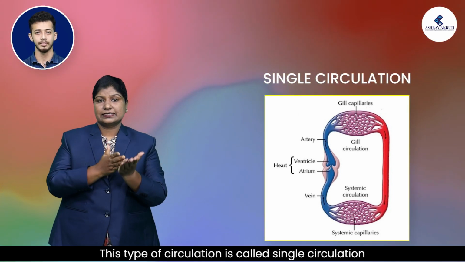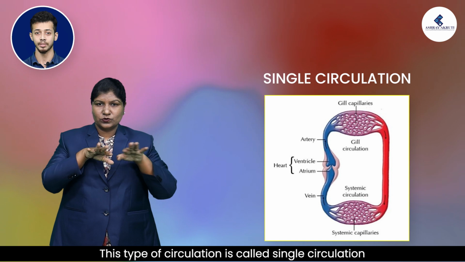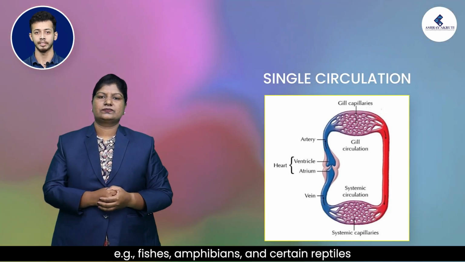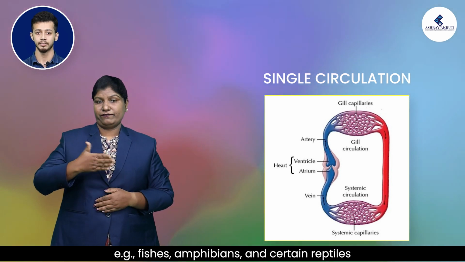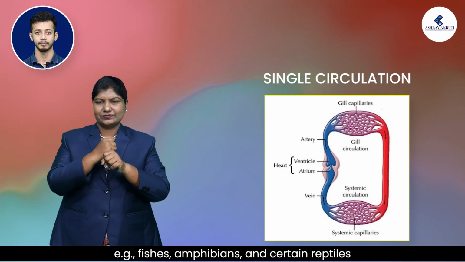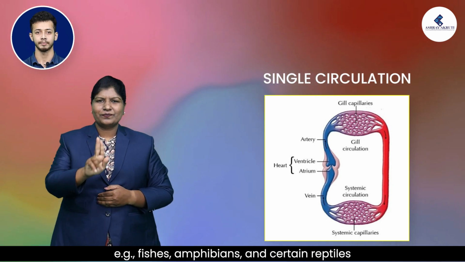This type of circulation is called single circulation. For example, fishes, amphibians, and certain reptiles.